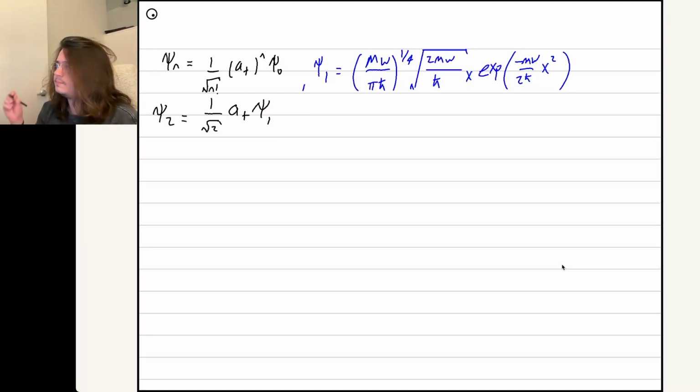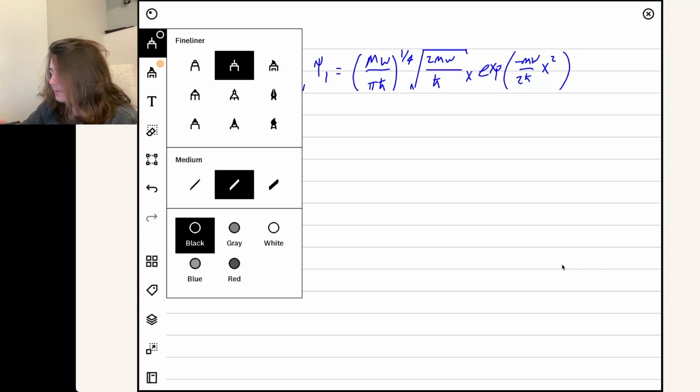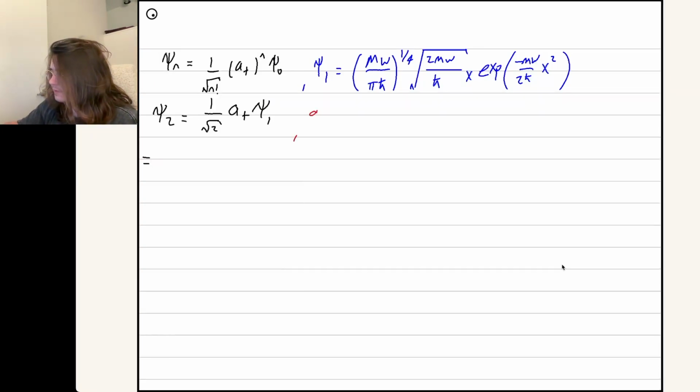So I'm going to write out what the raising operator actually is before we do anything. That is, the raising operator is 1 over root 2h bar m omega, times minus i times the momentum operator plus m omega x, right?